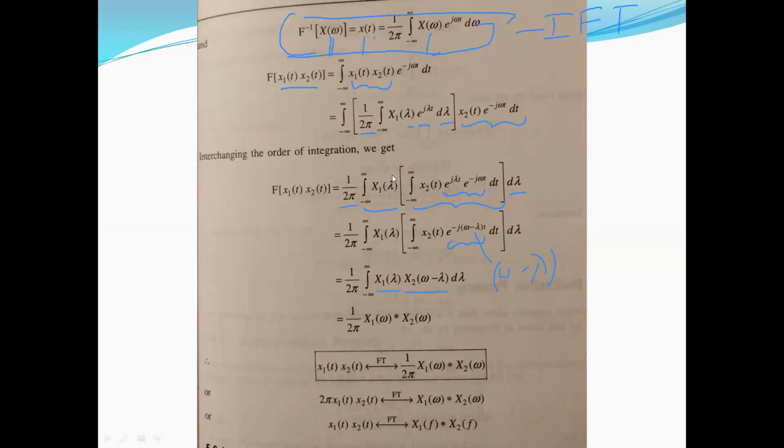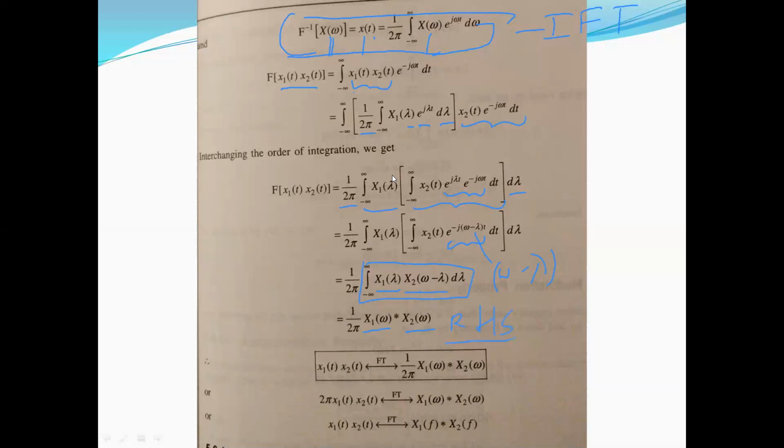What is this formula? According to this formula, this is the formula for convolution. So we can write x1 omega star x2 omega, since it is a formula of convolution. Hence this is the right hand side, RHS.